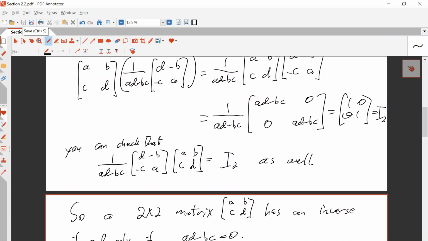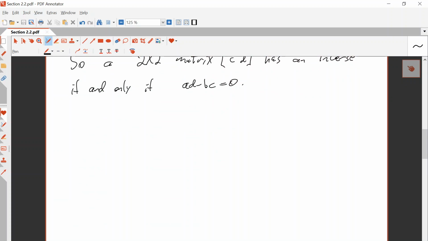Okay? So, more on that later, a generalization of this notion to 3 by 3 and 4 by 4 matrices. That'll come later in the course. But for now, for 2 by 2 matrices, we have that result.